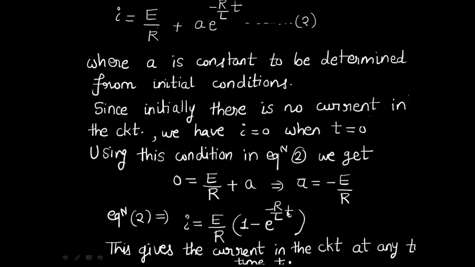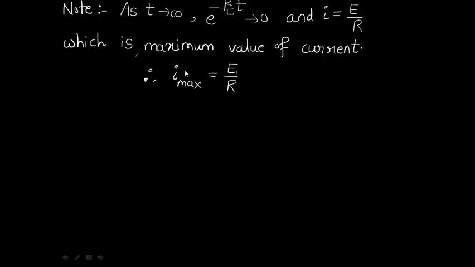When t tends to infinity, this will become e raised to the power minus infinity, which is 0. So this term vanishes. What we have is I equal to E/R. So the maximum value of current is nothing but E/R, which occurs when t tends to infinity. So remember this expression, I max is E/R. This we will need further.